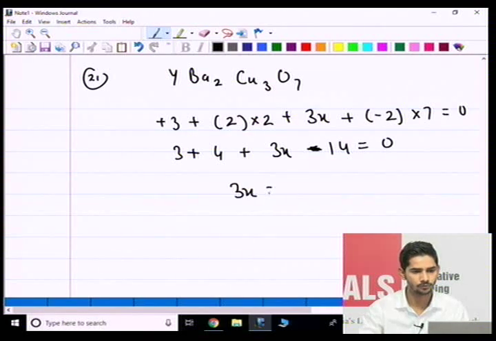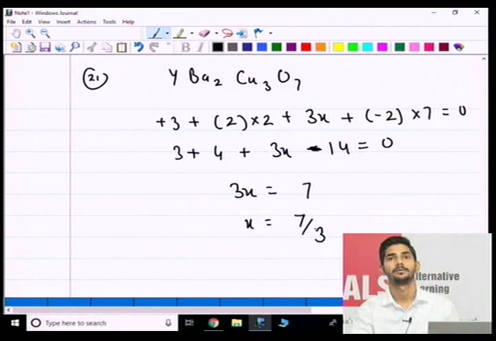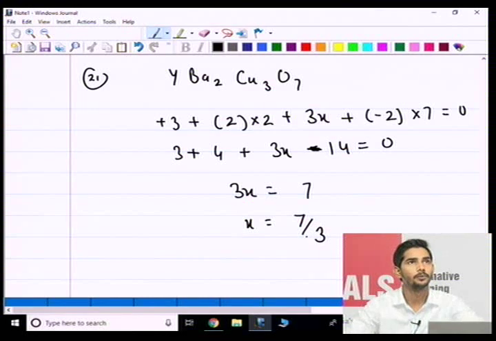So 3x would be equal to 7, and x should be 7 by 3. That is 21, then 28. First of all, copy this for those who had question number 21 as a doubt.